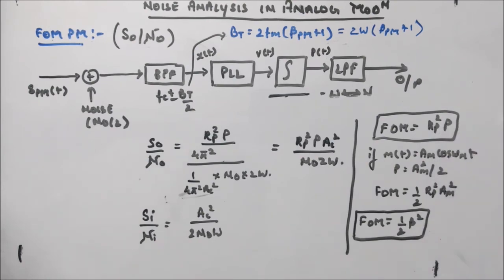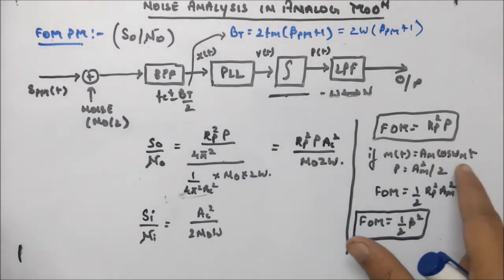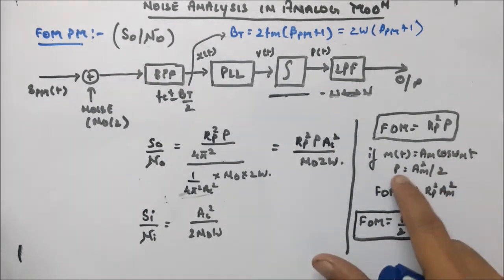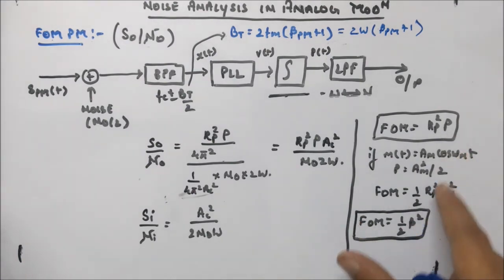Okay, so just as a special case, if m(t) is equal to a cosine signal, single tone message signal Am cos omega m t, your P will be equal to Am square divided by 2, and if you plug the value, you will get 1 by 2 kp square Am square. Now kp into Am is the maximum phase deviation, or you can say the modulation index of the PM signal.